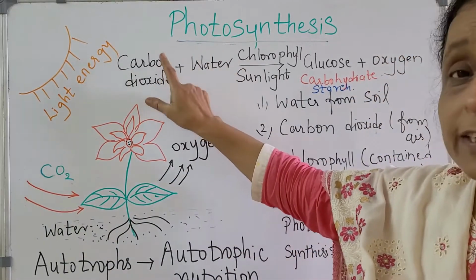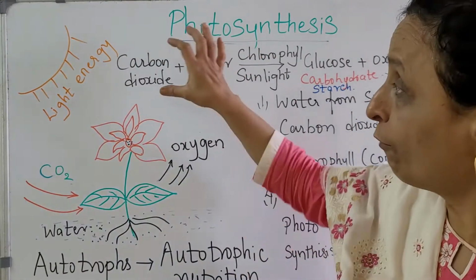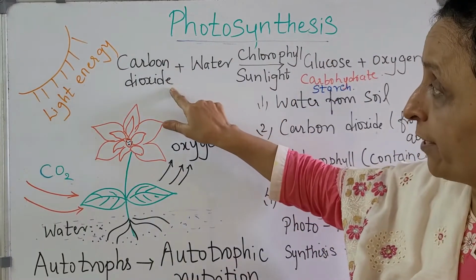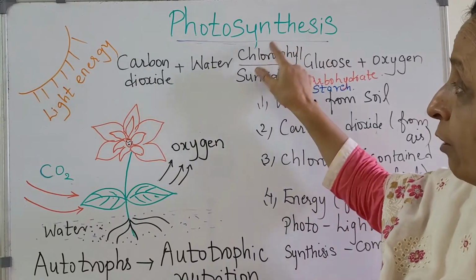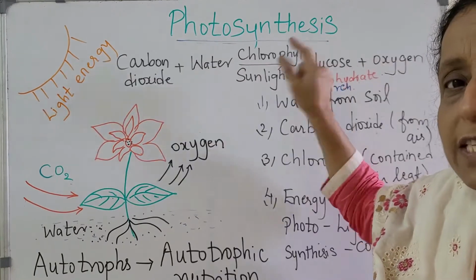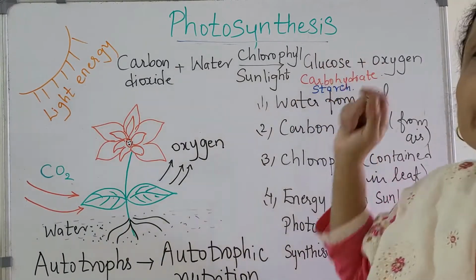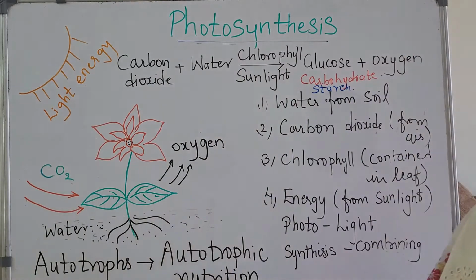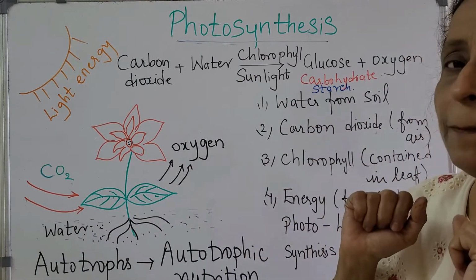So this is the equation of what is happening in the leaf. Carbon dioxide plus water, and due to the chlorophyll and the sunlight, light energy, they are able to prepare glucose. Now this glucose will be synthesized and stored in the plant.